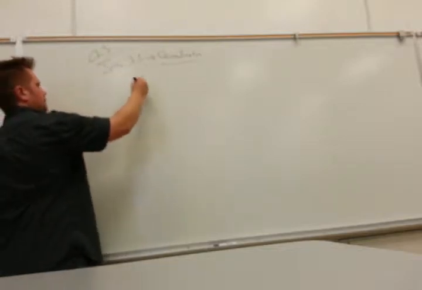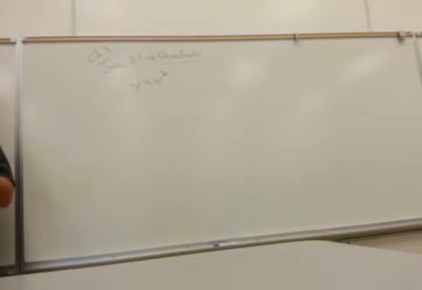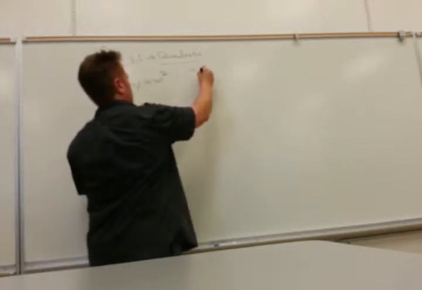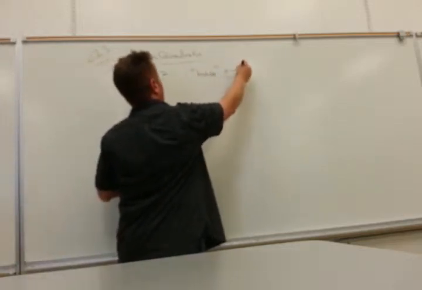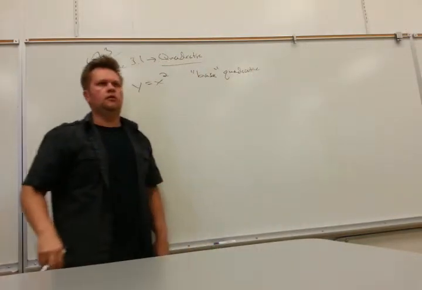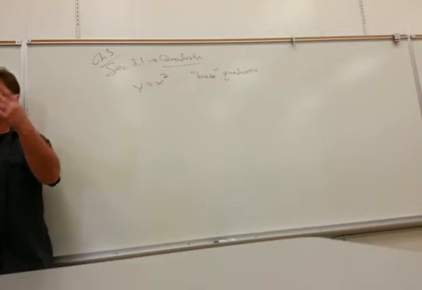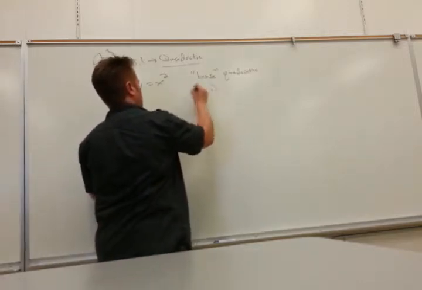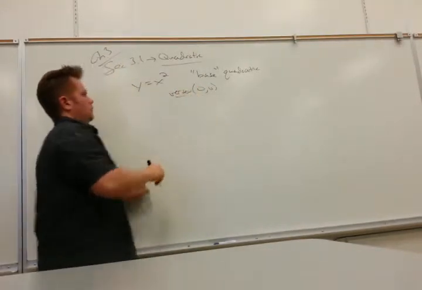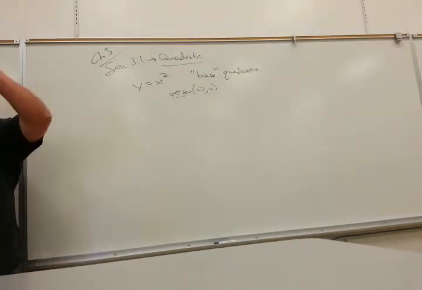You've got what I consider your base parabola, your base quadratic function. Where's its vertex? 0, 0. Okay, that's exciting. Now, we know how to take that, pick it up, and move it around.